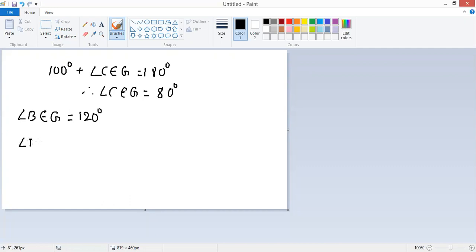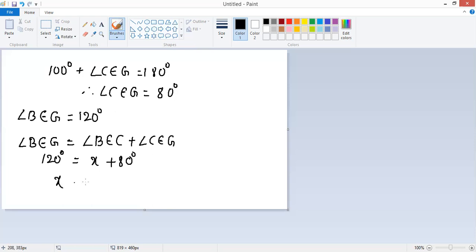Angle BEG is equal to angle BEC plus angle CEG. BEG is 120 degrees, BEC is X, plus CEG equal to 80 degrees. Therefore, the value of X, which is required, is 120 minus 80, that is equal to 40 degrees. We got the value of X.